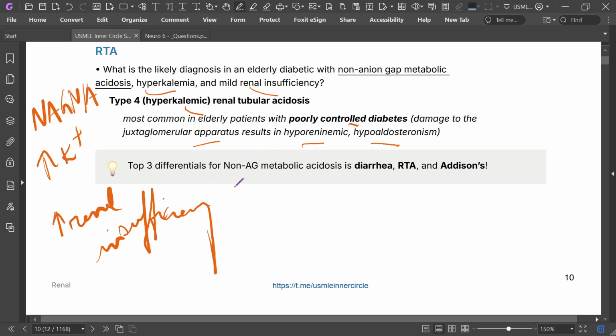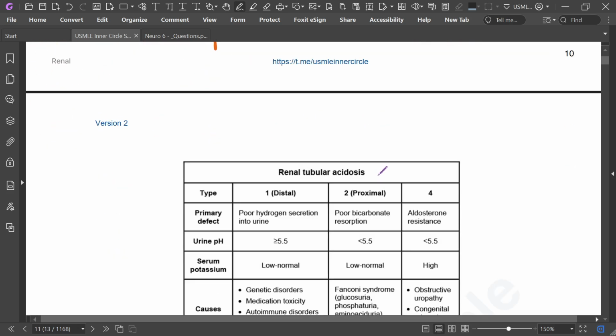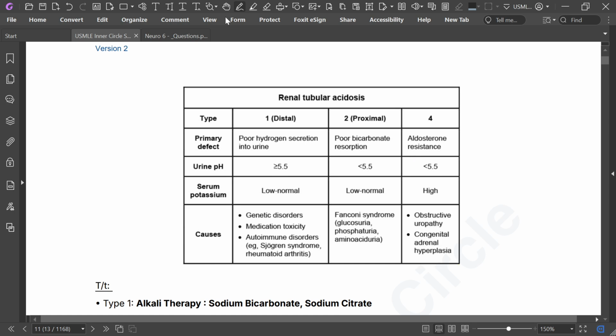The top three differentials of non-anion gap metabolic acidosis are diarrhea, RTA, and Addison's disease. So this is RTA types 1, 2, and 4.